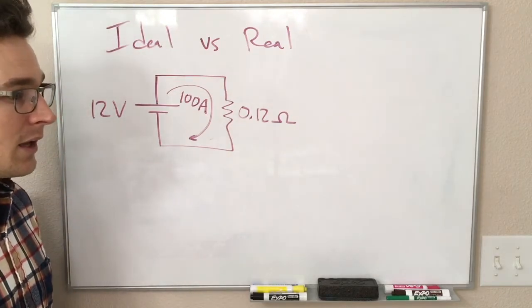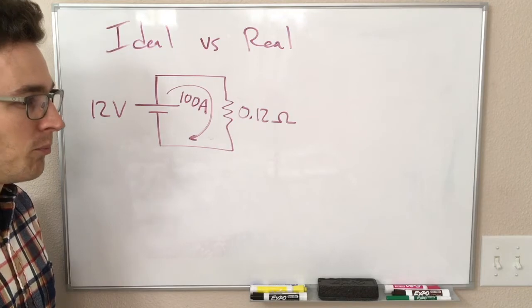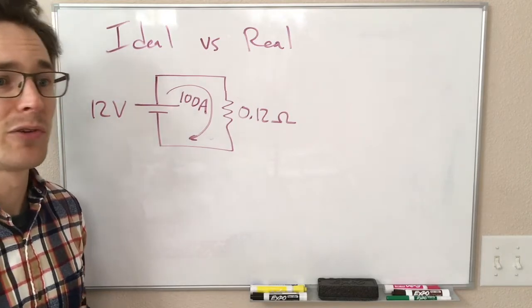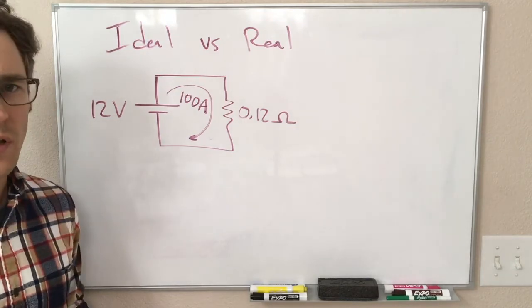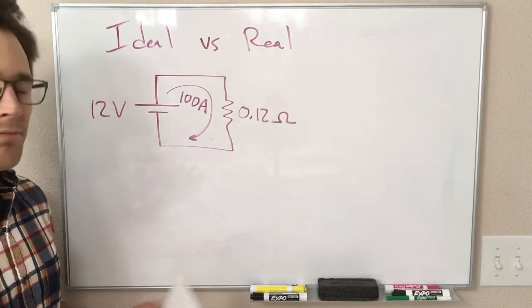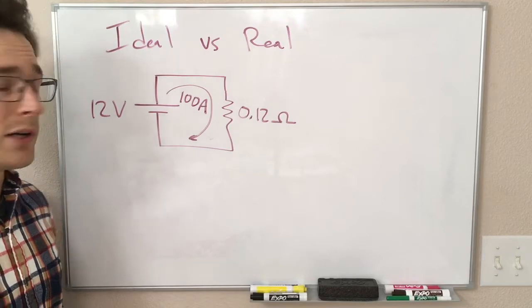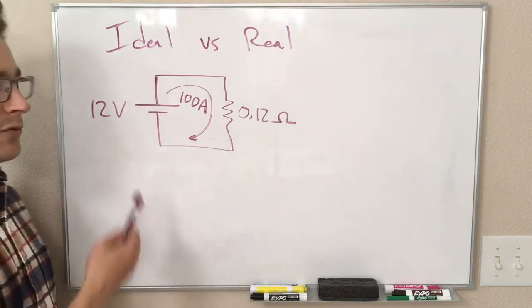If we had a 12 volt battery, like in real life, and we connected it to these resistors, are these the results that we would get? Well, the answer is it depends on the battery, or it depends on what this actual voltage source is.